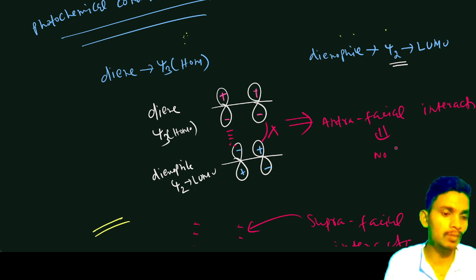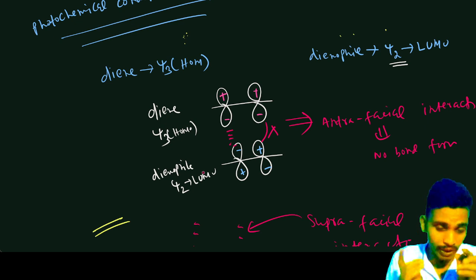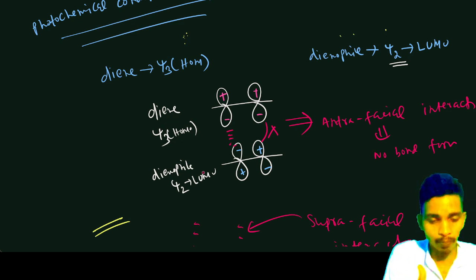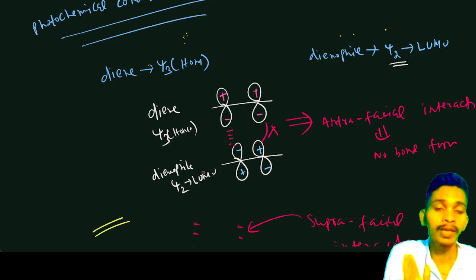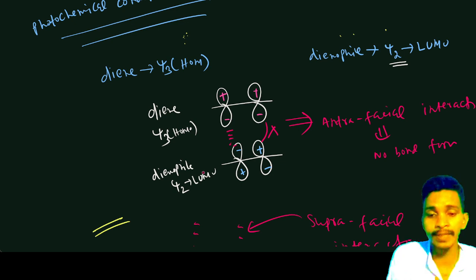That's why, from here what we discuss is that even if you increase the number of carbon atoms, the MO representations for the diene and dienophiles remain the same. It means that for Diels-Alder reactions at photochemical conditions, the Diels-Alder reaction will never happen.